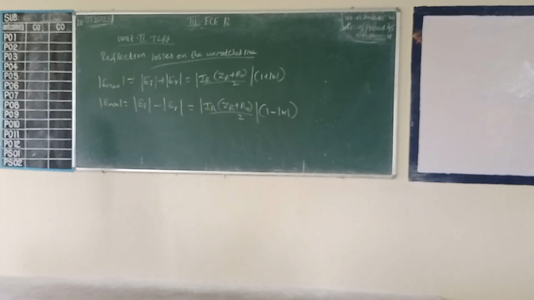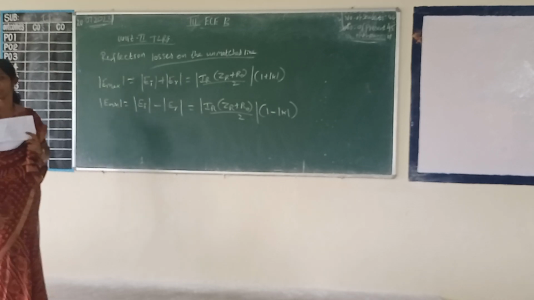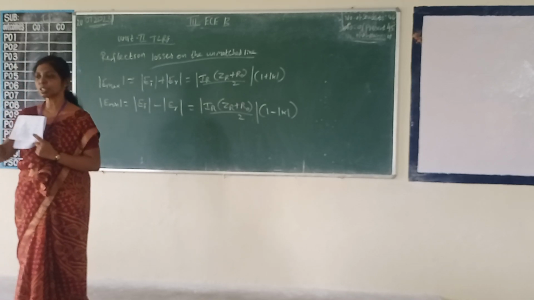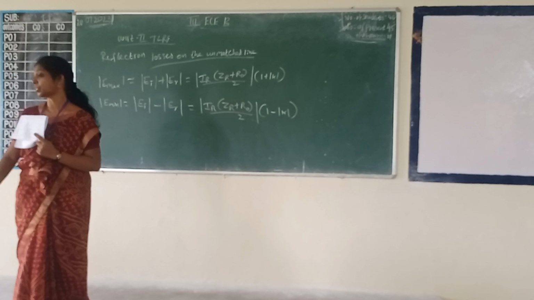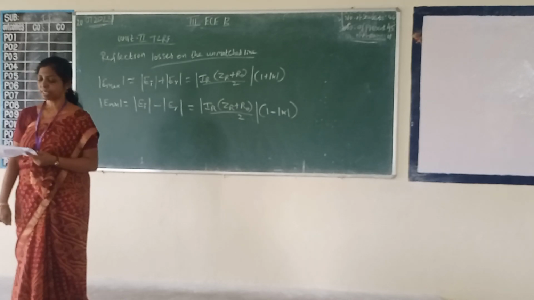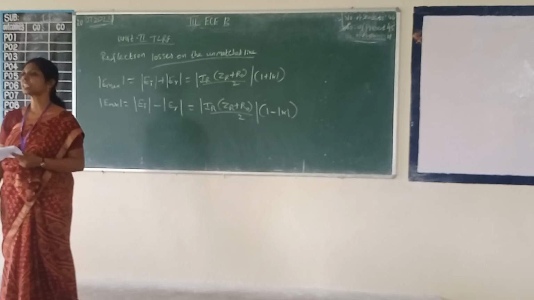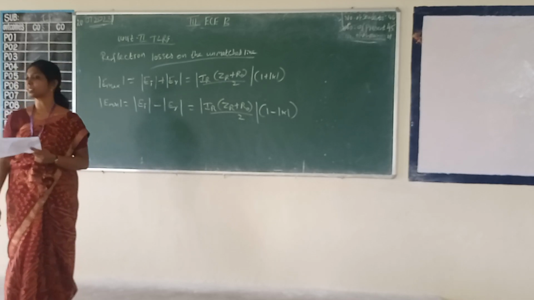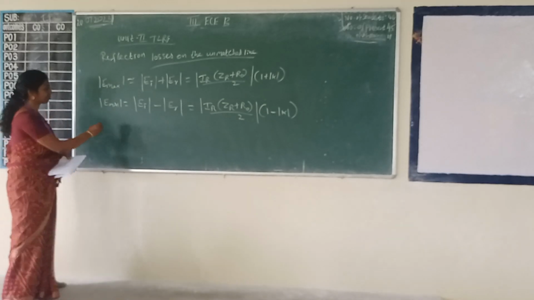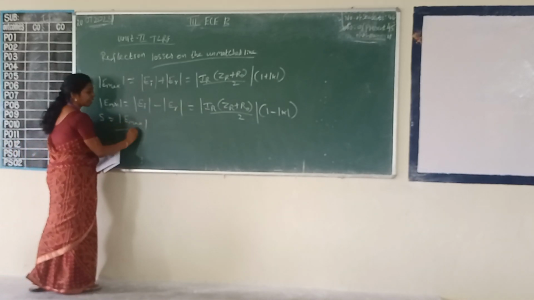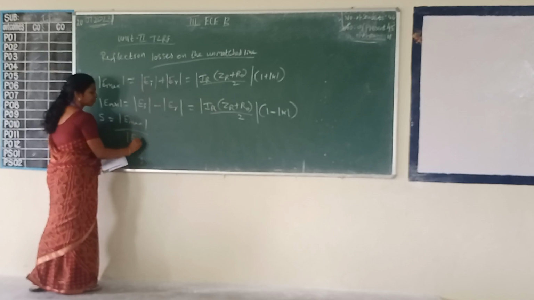If you understand and study these small changes in the equations, next we have to write in terms of the standing wave ratio. Hence the standing wave ratio S is equal to modulus of E max by E minimum.